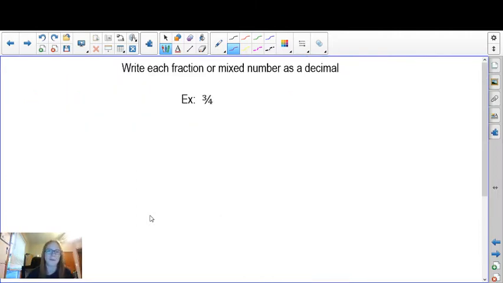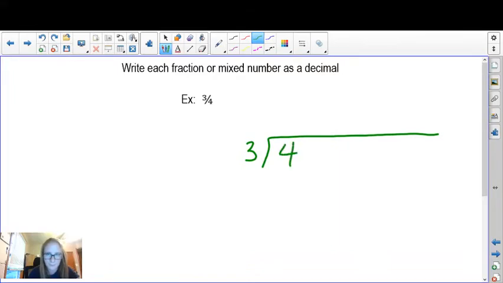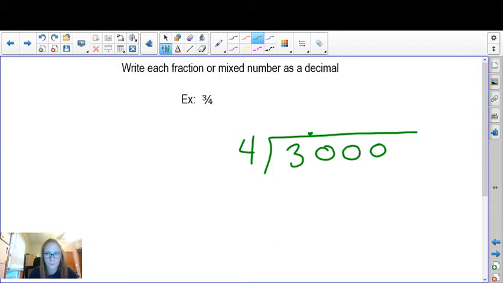And then 3 divided by 4. Oh, I did that backwards. Four cannot go into 3, but how many times can 4 go into 30?